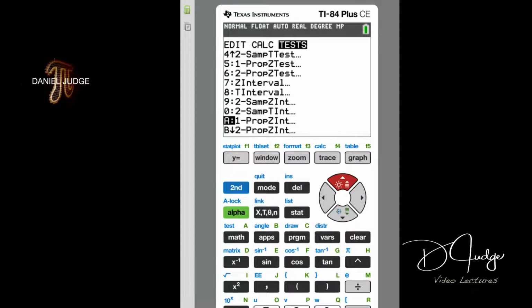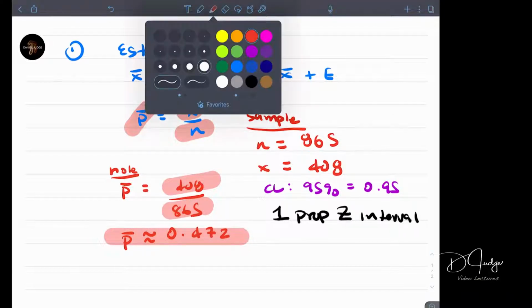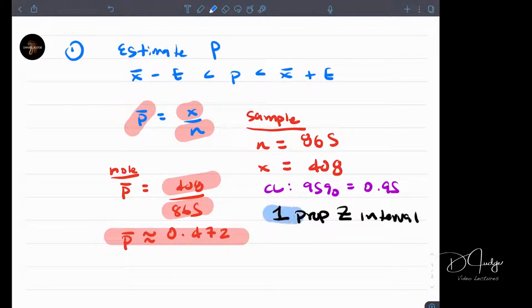Right here. One proportion Z interval. So I'll put this down. One proportion Z interval. And this is what you enter in your TI calculator. Okay, so one proportion Z interval goes in the TI.